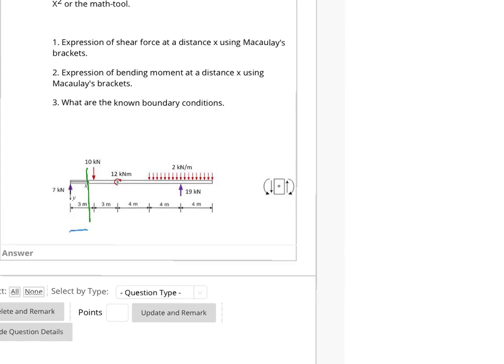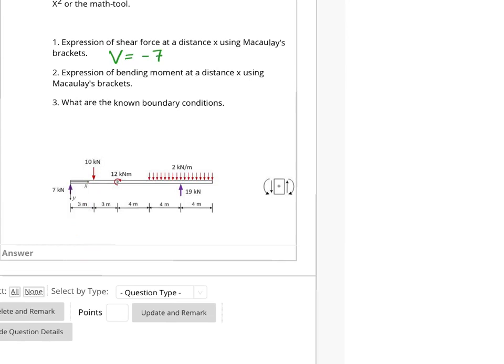So we have this bit of the beam, and you have a load of 7 kilonewton. So the shear force at this section would be going downward. If this goes downward on the right hand side of the section, then that is a negative shear force. So let's write it down. V is equal to minus 7 to start with.